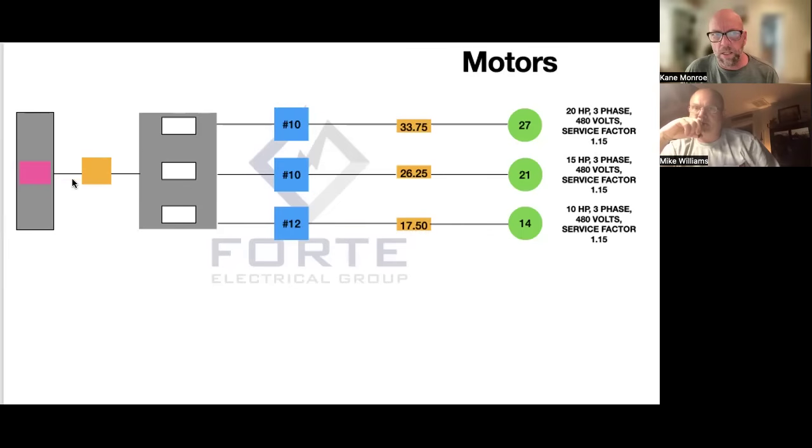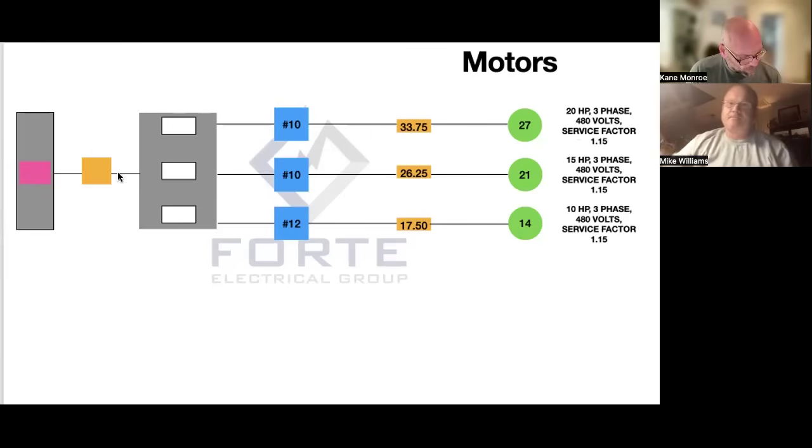We need to know what size wire to put in there, because we have to supply 3 motors off of this wire. So we go to 430.24 and make sure you mark that step number 5.